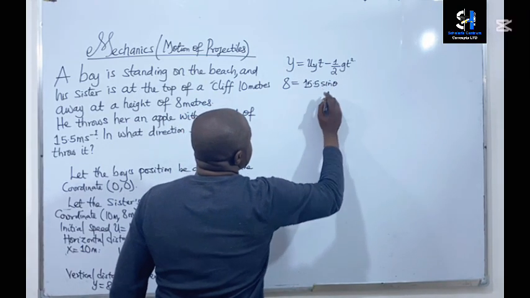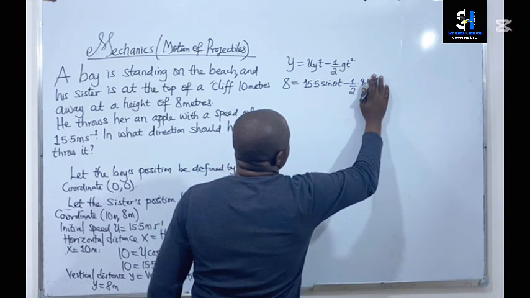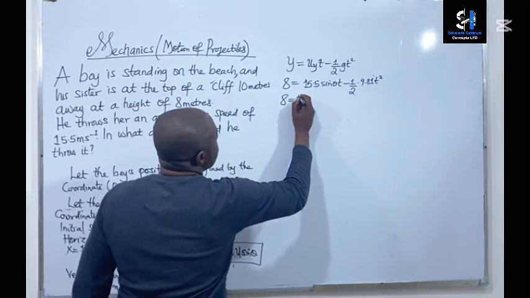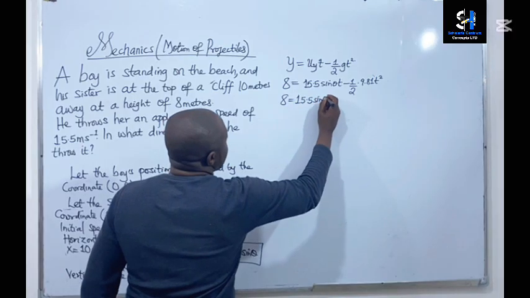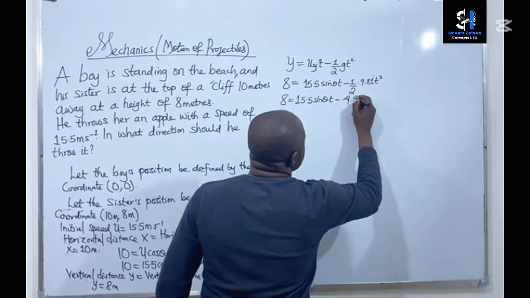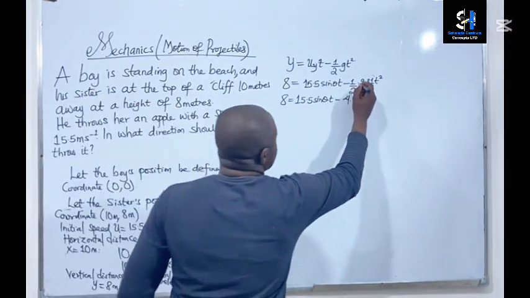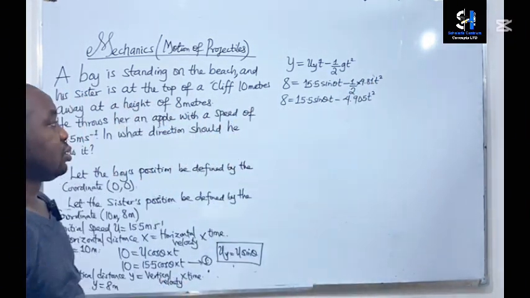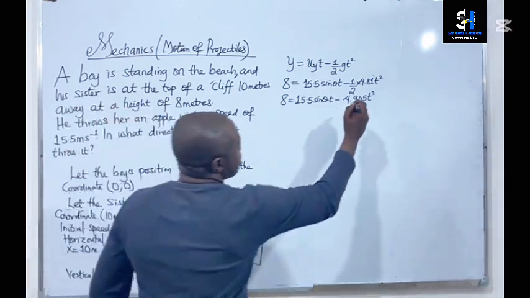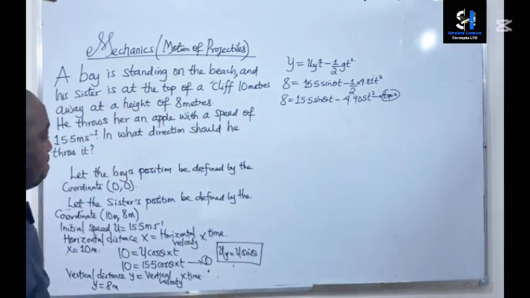So 8 equals 15.5 sine theta multiplied by t minus 4.905 t squared, since half of 9.81 is 4.905. Let's call this equation 2.